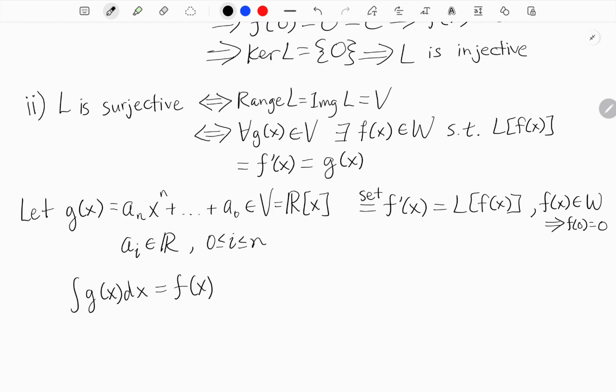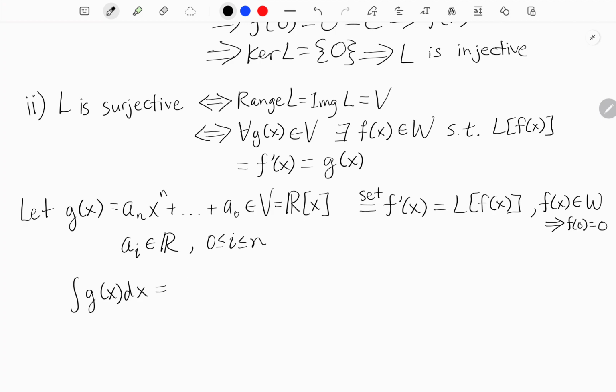The way we do this is kind of interesting, because we already assumed that there does exist an f of x so that f prime of x is equal to g of x, but we don't know that. So here we're just assuming we can.